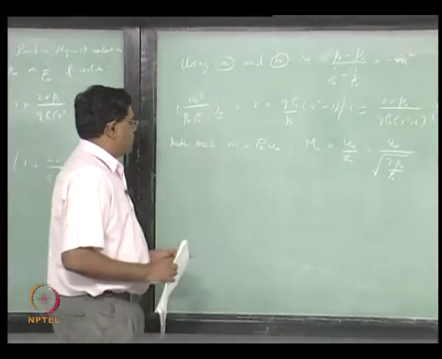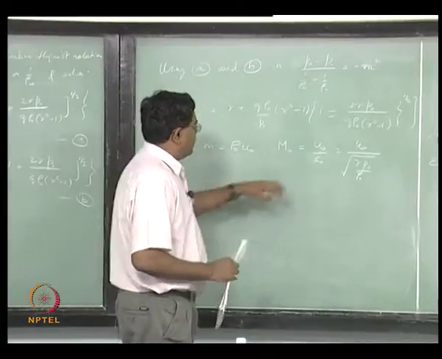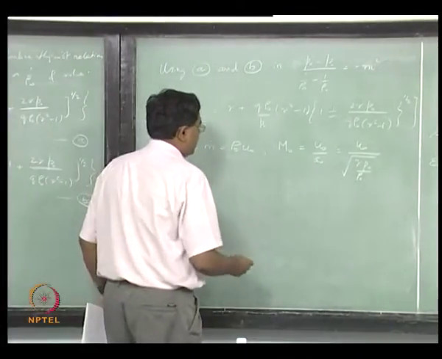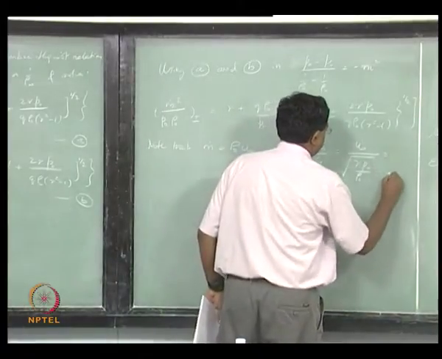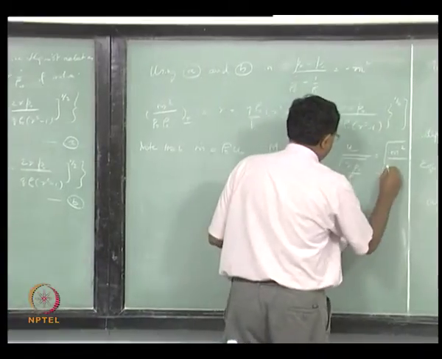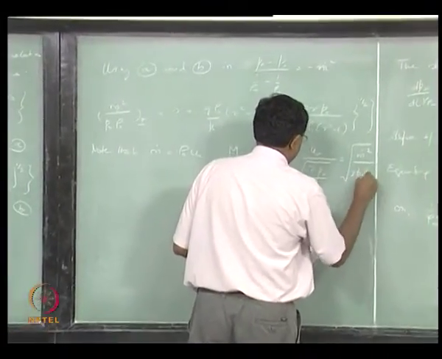You plug that in, and you get the square root of m dot squared divided by gamma p naught rho naught.